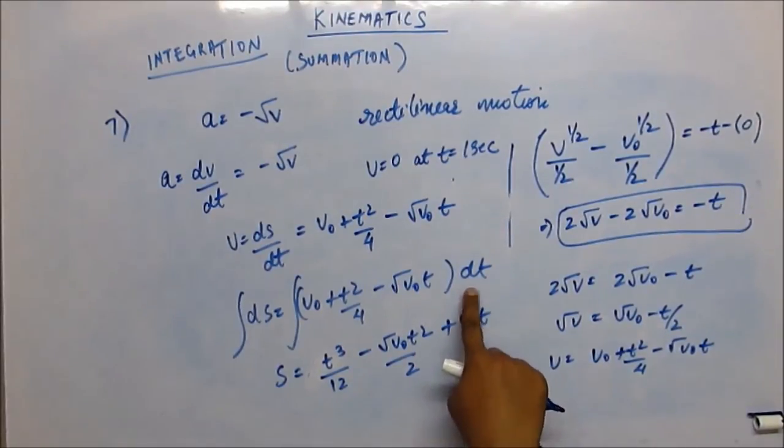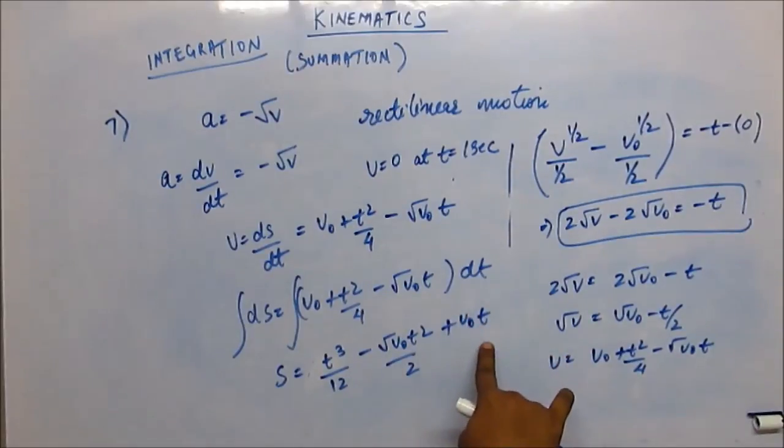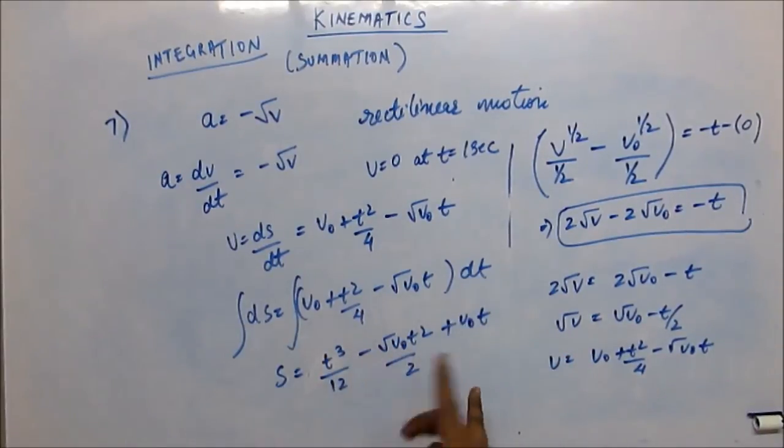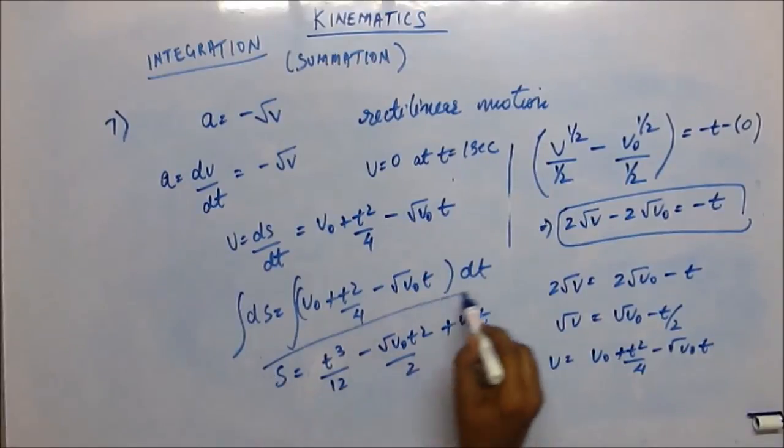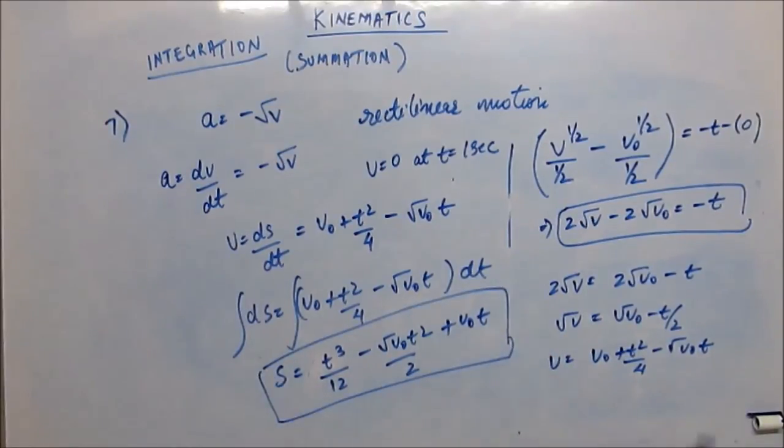Integration of just dt is t, integration of v naught into dt will be v naught t. So this should be the expression of displacement.